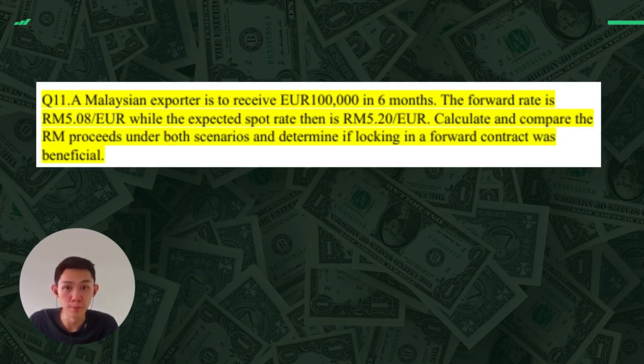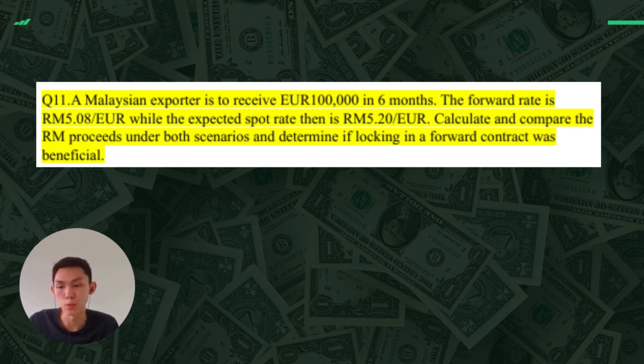So in question 11, we have to calculate and compare the RM under both different scenarios and determine whether it is beneficial to lock in the forward contract. First, if we use the forward rate, 100,000 euros times 5.08, we get 508,000 in RM.